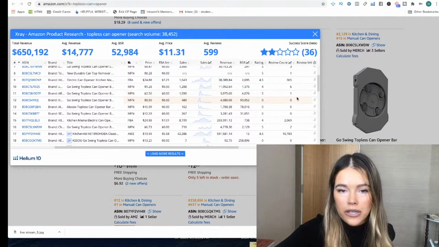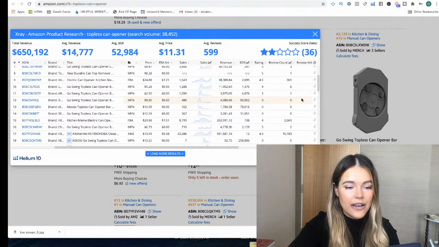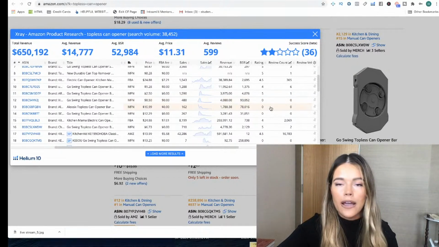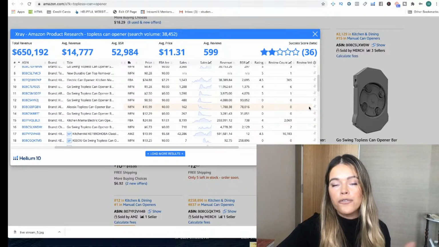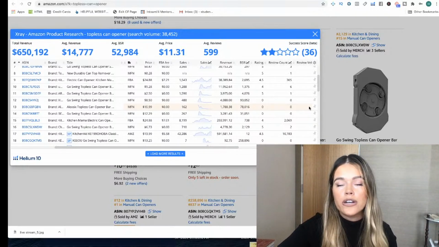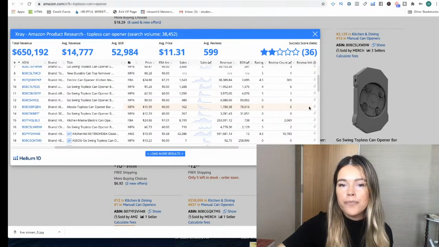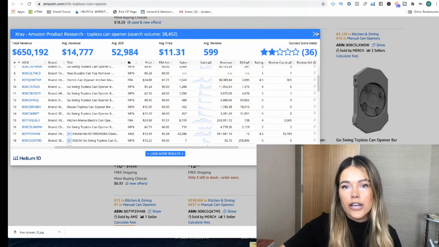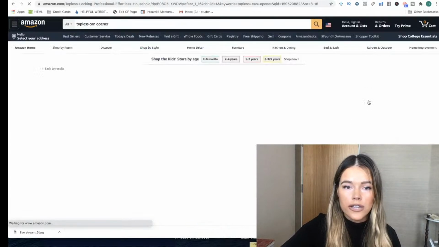Essentially, that's what that means. So I don't like that. But if it's low reviews, then that's great, but it's not really realistic. That's why I say for sellers to find reviews that are in the hundreds or even a couple hundred, 500, it's fine, as long as some sellers are in the double digits. So this is definitely a no. But let's just take a look at this product right here.